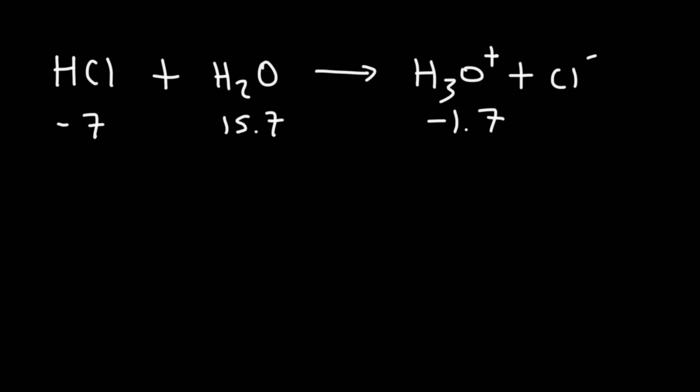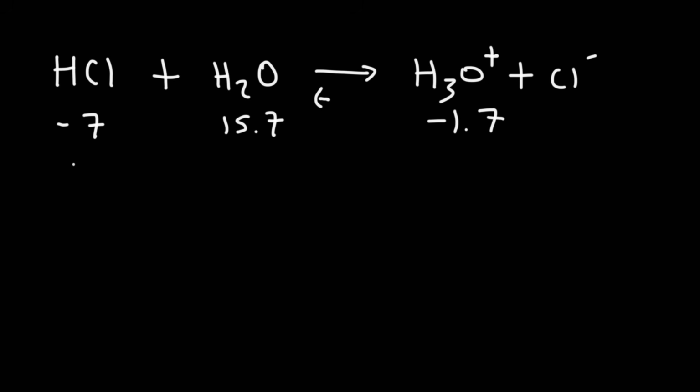Now, in determining the position of equilibrium, it's going to go to the side with the weaker acid. If we compare the acid on the left and the conjugate acid on the right, the side with the higher pKa value is where the position of equilibrium is going to lie. So this is going to be a product-favored reaction. So we'll have a small arrow to the left, a big arrow to the right.